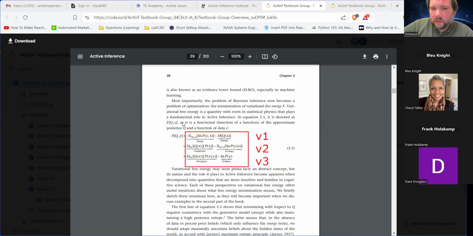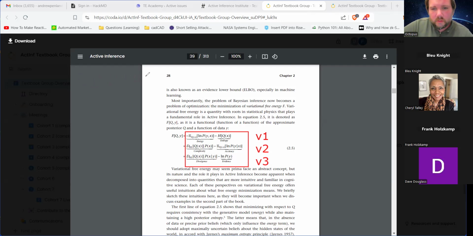Starting with version 2, I start with the Kullback-Leibler divergence, this complexity term, d sub KL, Q of X, double line P of X, minus.